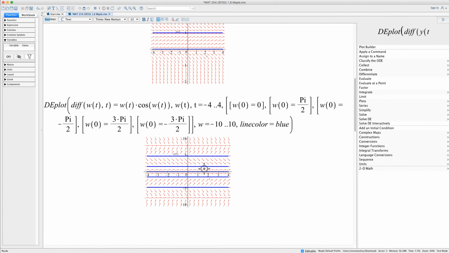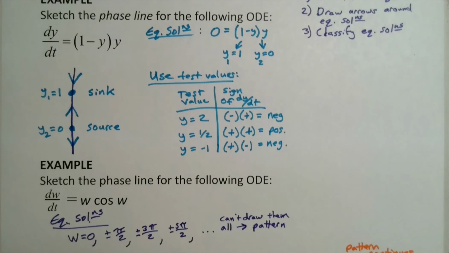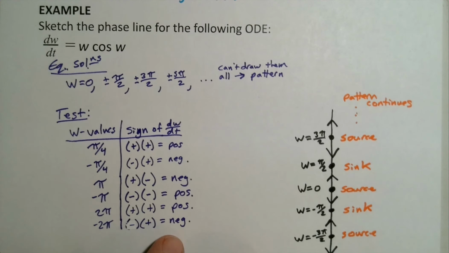So source becomes sink, becomes source, becomes sink. And so that's exactly what we predicted with our phase line. So switching back over to the document, these two were exactly as we predicted.